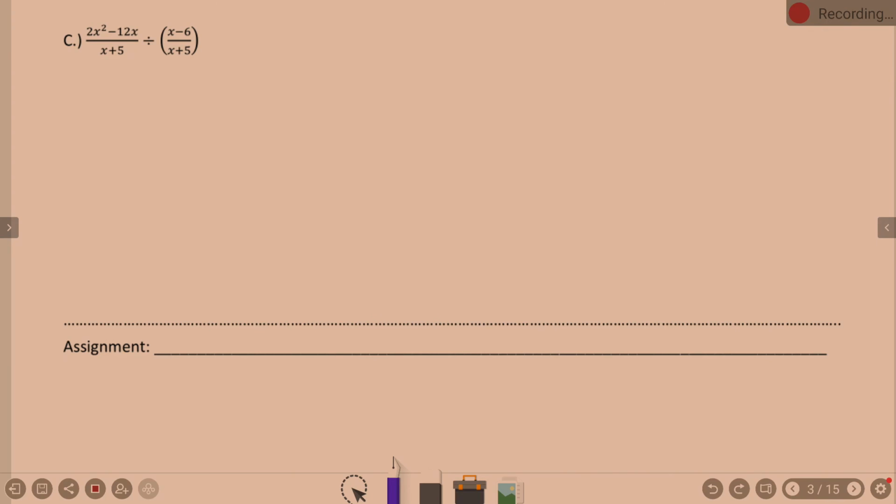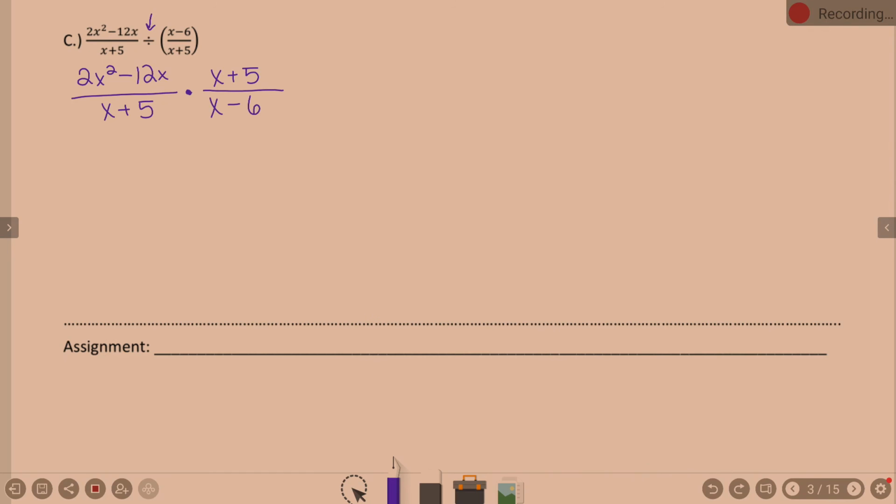Division. Since it's division, I'm going to keep, change, flip. 2x squared minus 12x over x plus 5 is going to keep. Change division to multiplication, and I'm going to flip and make it x plus 5 over x minus 6. There's actually not much factoring on this one.